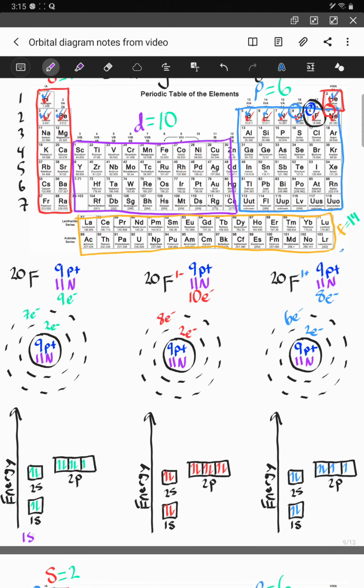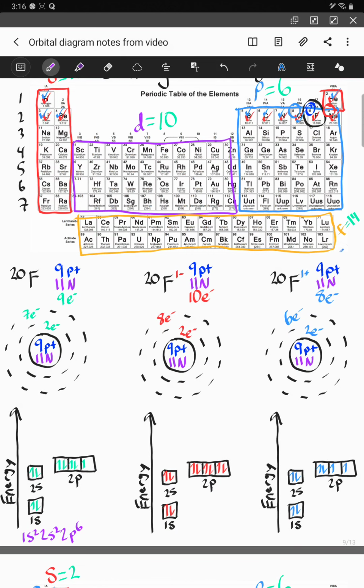It's going to be 1s2, 2s2, 2p6. And we can follow along where we're at on the periodic table to get that, or we can use this orbital diagram. Especially before we get to the D block, it's going to be fine to just use the orbital diagram. But if we have fluorine with a -1 charge, the orbital diagram is now different.